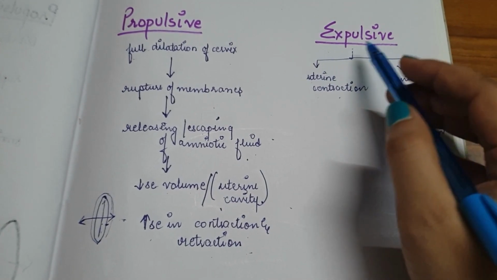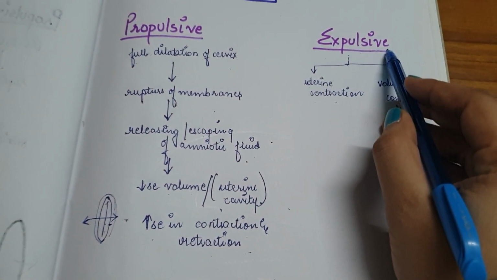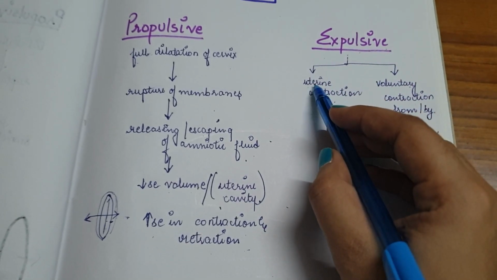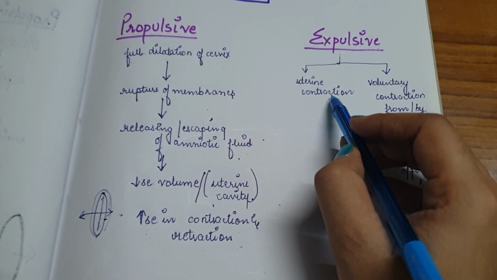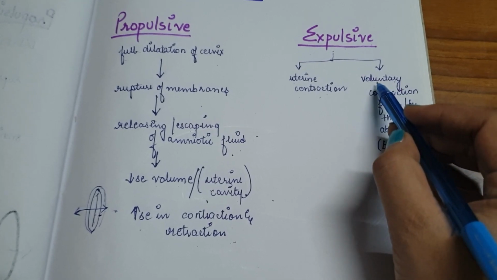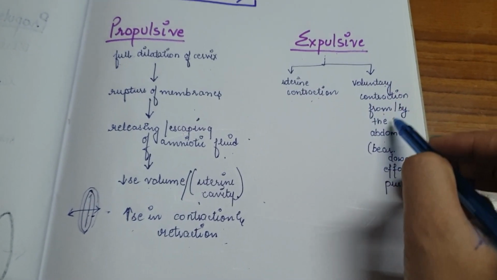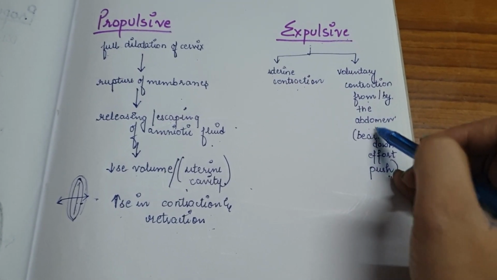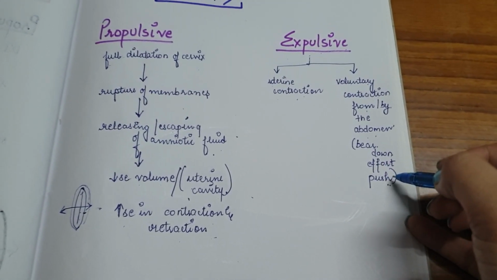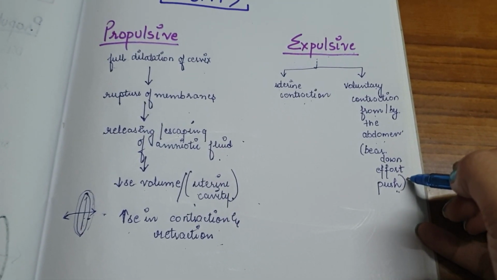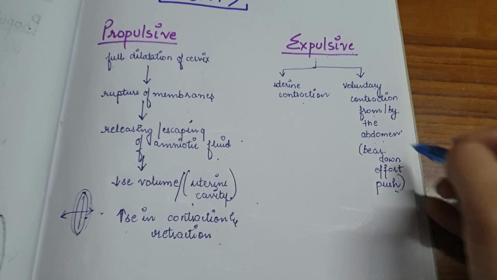After this, next is the expulsive phase. Under this there are uterine contractions and voluntary contractions by the abdomen. That means there is voluntary pushing by the mother in order to expel the fetus.